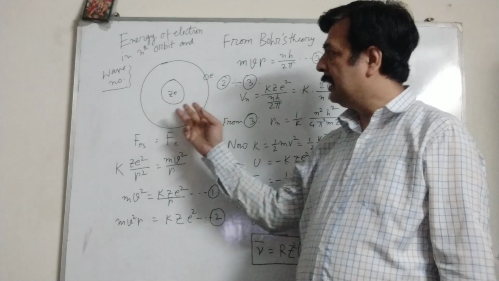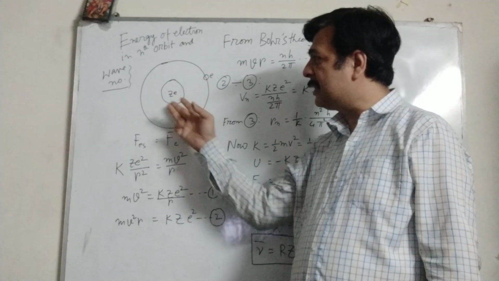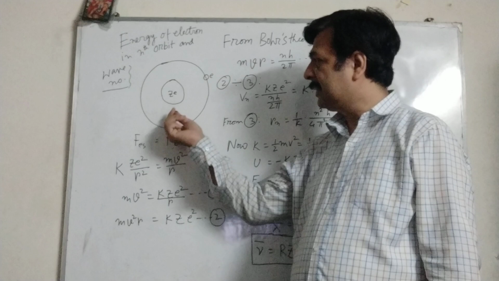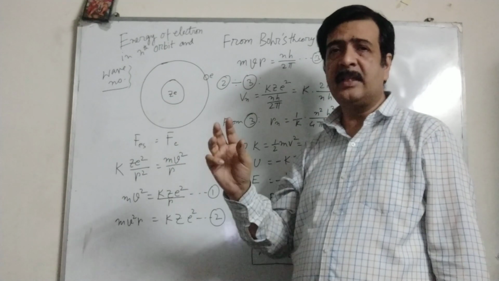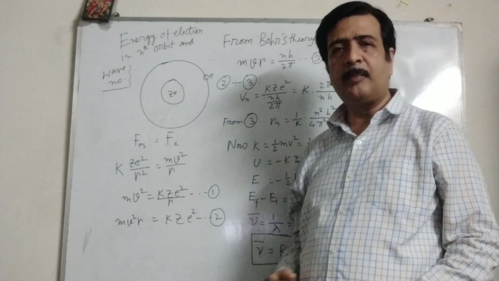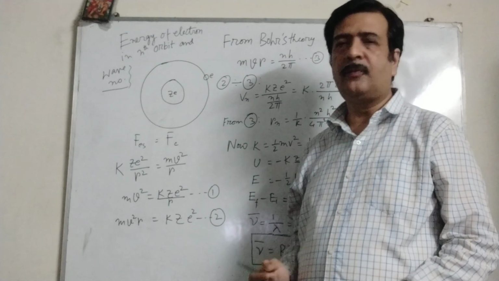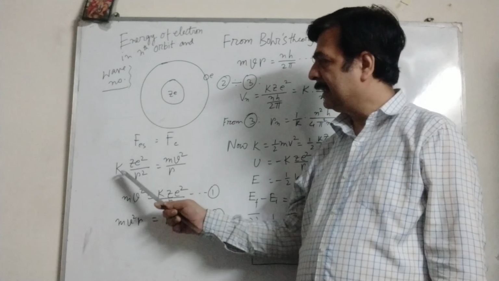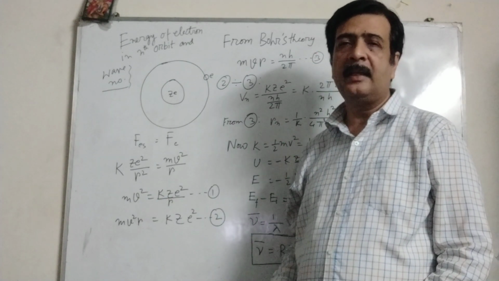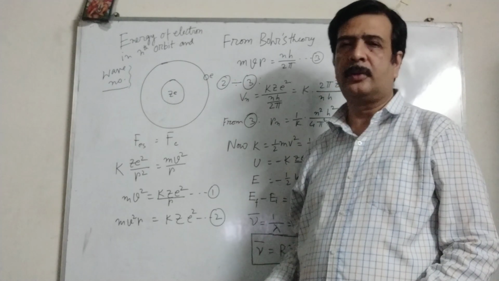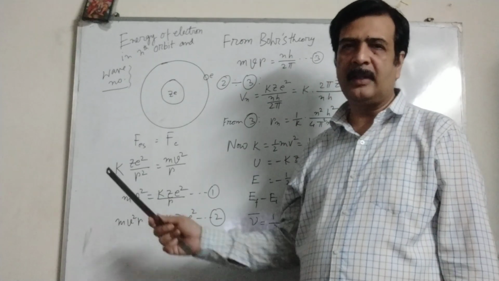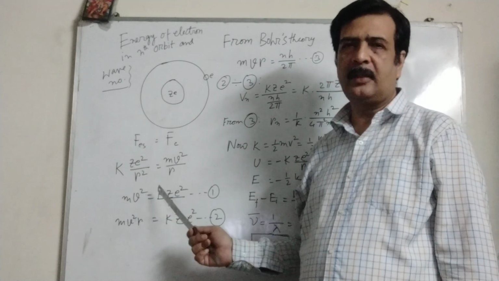Now the nucleus has the atomic number Z, and the charge of the nucleus is Ze, and the charge of the electron is e. If we apply Coulomb's law, then what is the force? Force is k Z e squared by r squared, where k is 1 by 4 pi epsilon naught. I have written k because all the time I will not write 1 by 4 pi epsilon naught.